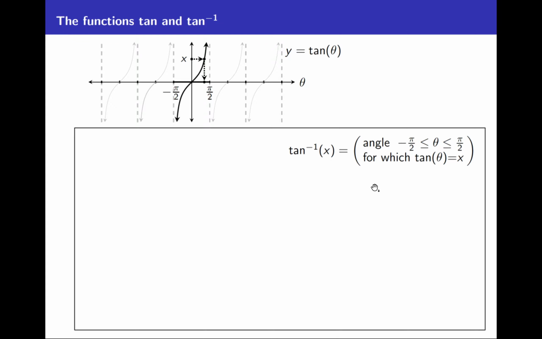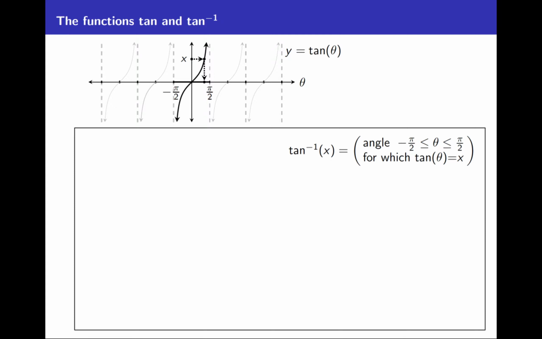That's our definition of tangent inverse. Again, it's not really the inverse of the function tangent theta because tangent theta has no inverse. This tangent inverse of x is the inverse of tangent theta with restricted domain, the inverse of the function indicated by this part of the graph of tangent.